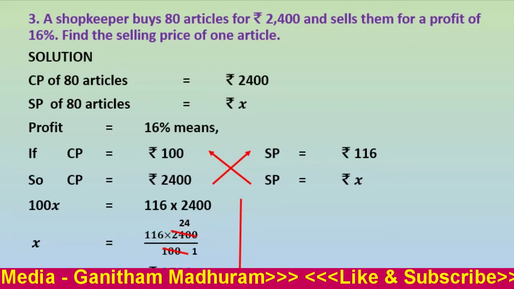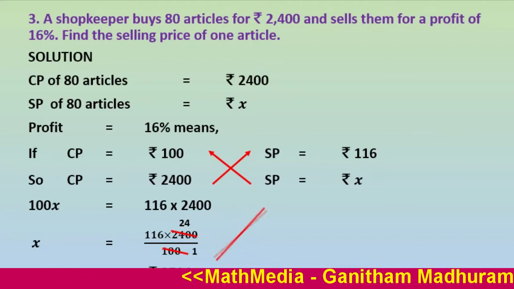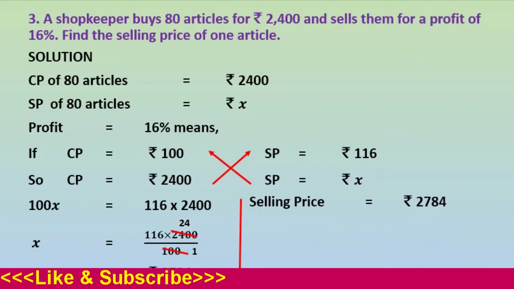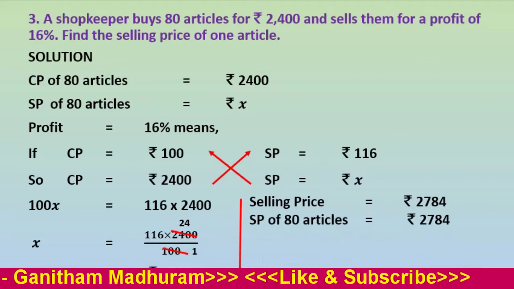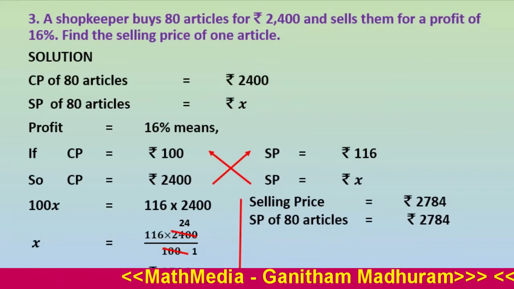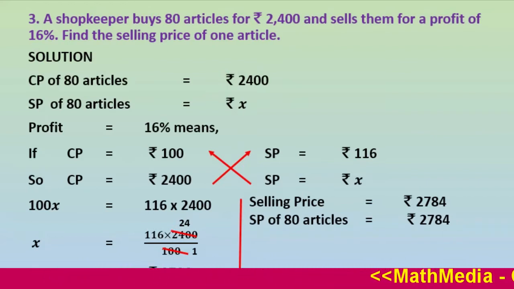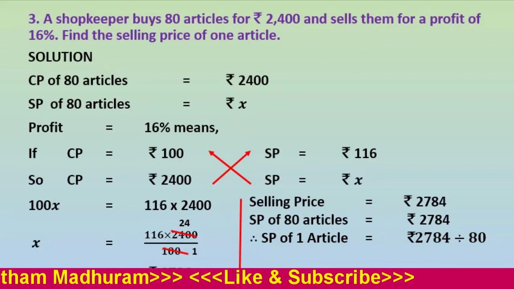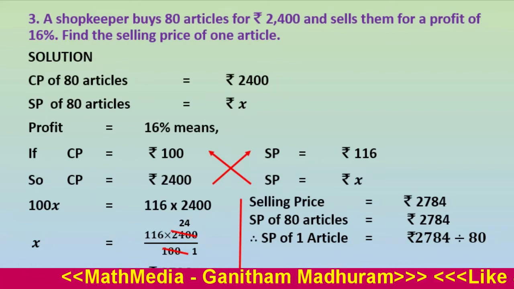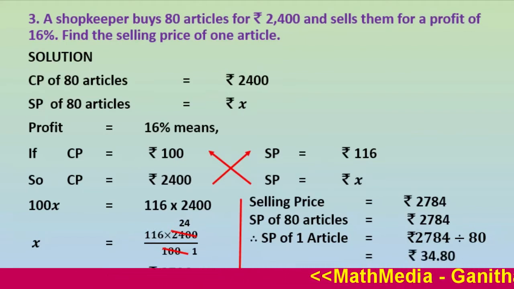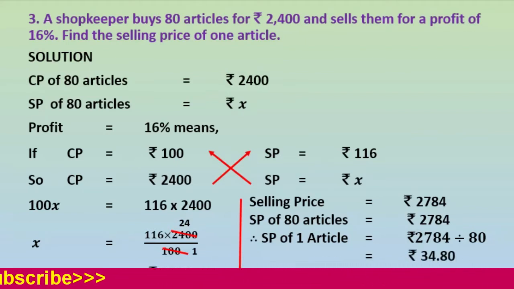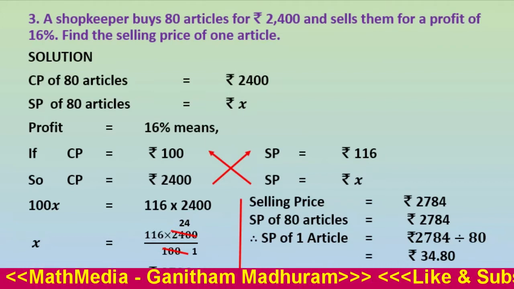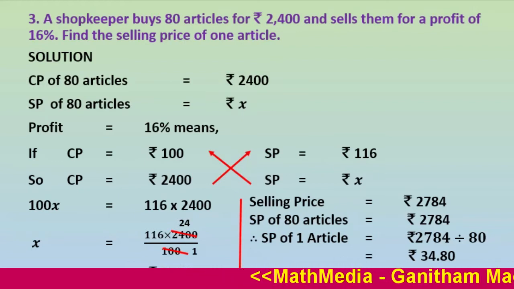That is, the SP of 80 articles will be rupees 2784. Here the question is, find the selling price of one article. Therefore, the SP of one article equal to rupees 2784 divided by 80, which gives rupees 34.80. That means 34 rupees and 80 paise.